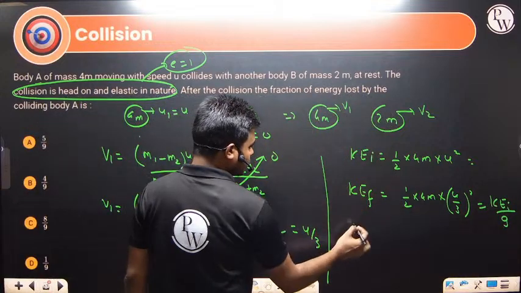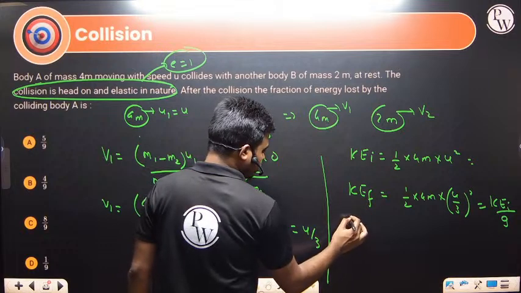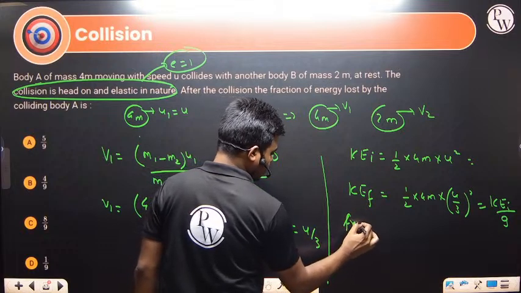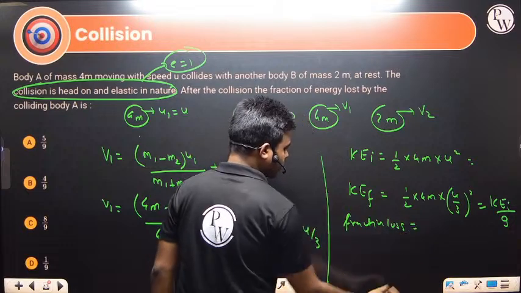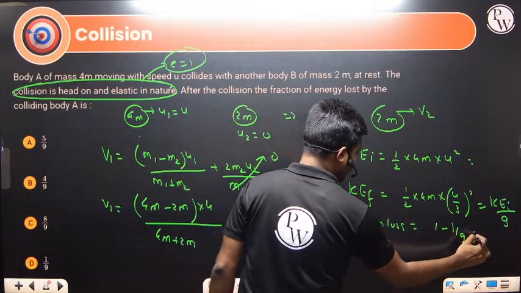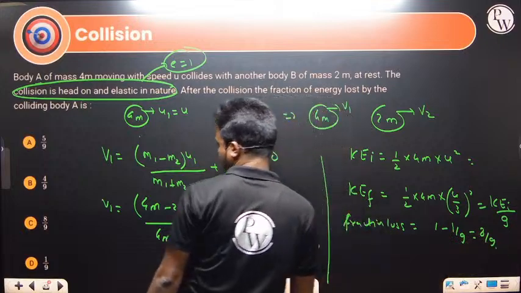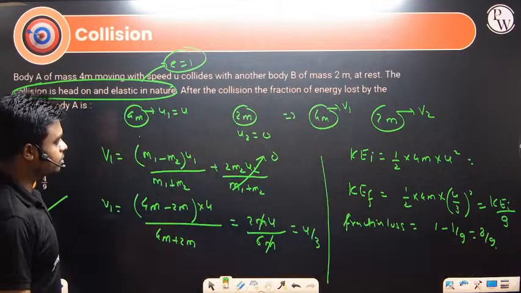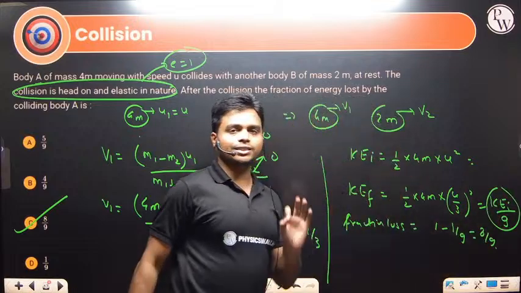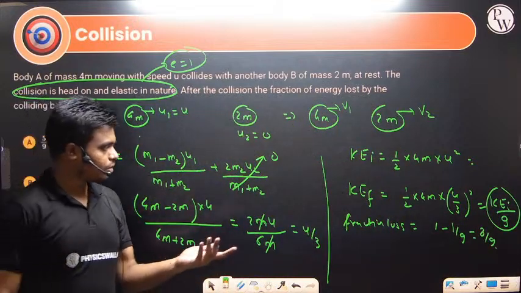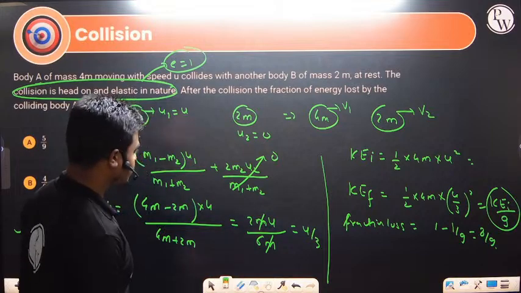So how much fraction is lost? Fraction loss is given by 1 minus 1 by 9, that is 8 by 9. Clear? Because the final kinetic energy is kinetic energy initial by 9. So what is the fraction that is lost? 1 minus 1 by 9, that is 8 by 9.